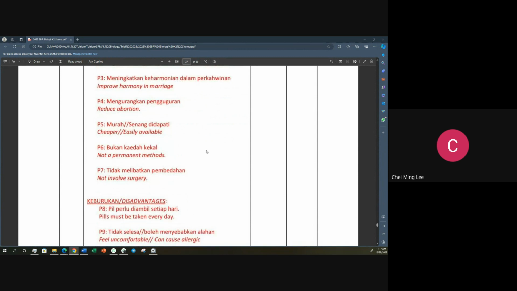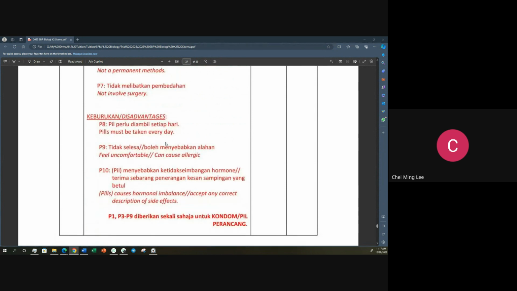Most of it was mentioned just now in the scheme. So for the disadvantages, pills must be taken every day. Feel uncomfortable, can cause allergic reaction. This is called medical allergic. And the pills will cause hormonal imbalance.